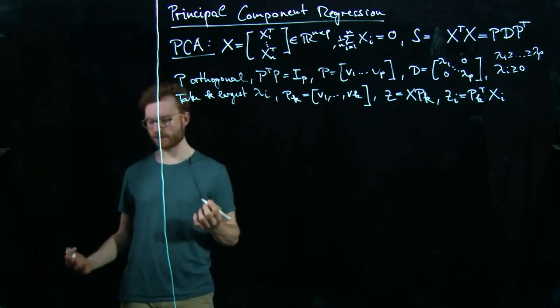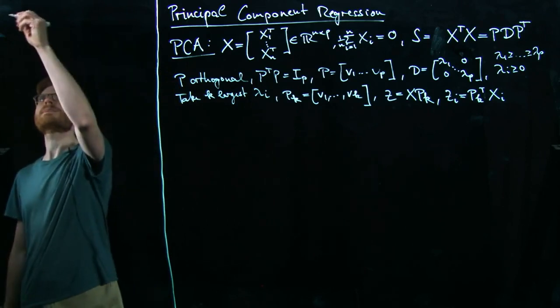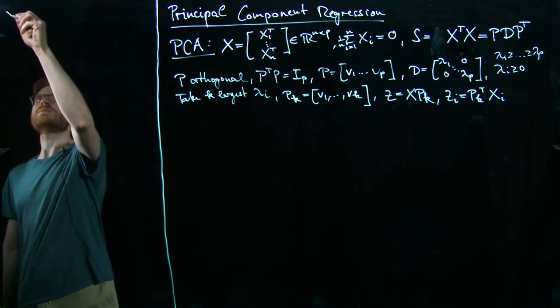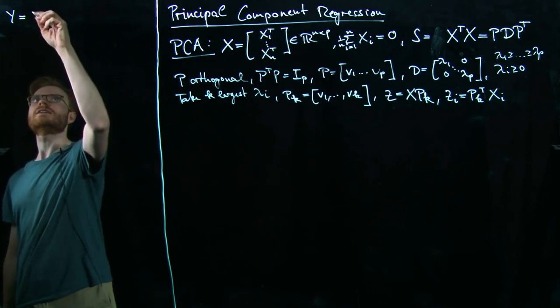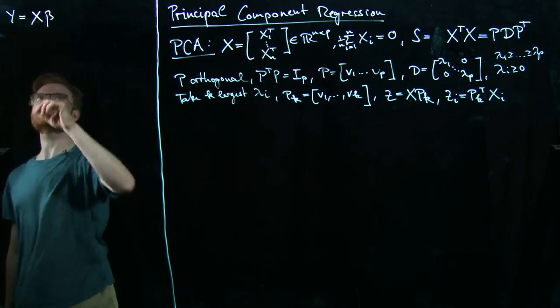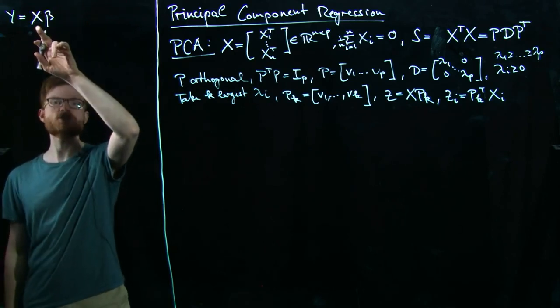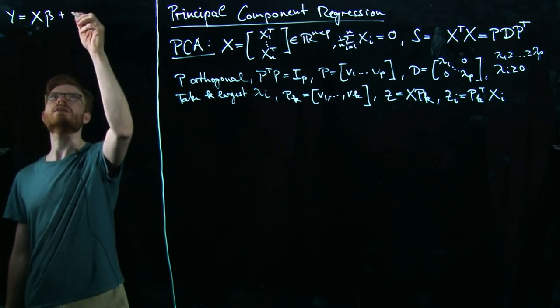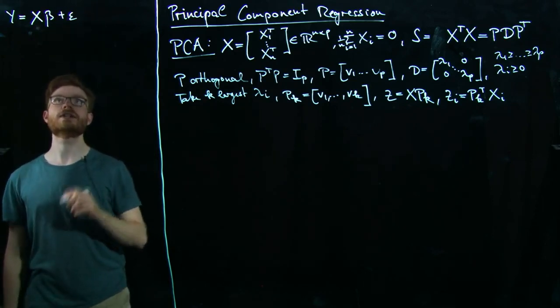So let me first write down our standard linear regression setup, where we observe samples y as a linear transformation of some data, and I'm using the same notation x for our data, plus some Gaussian noise epsilon.